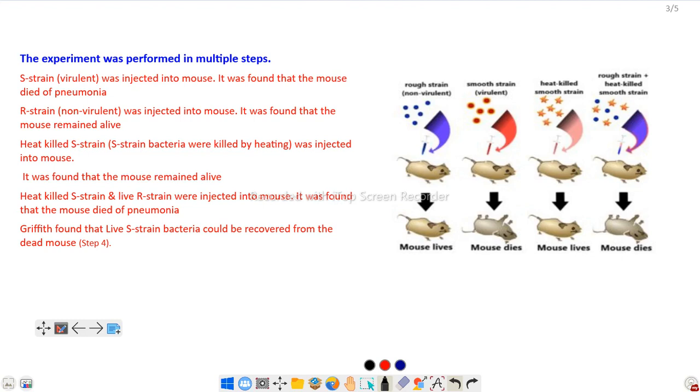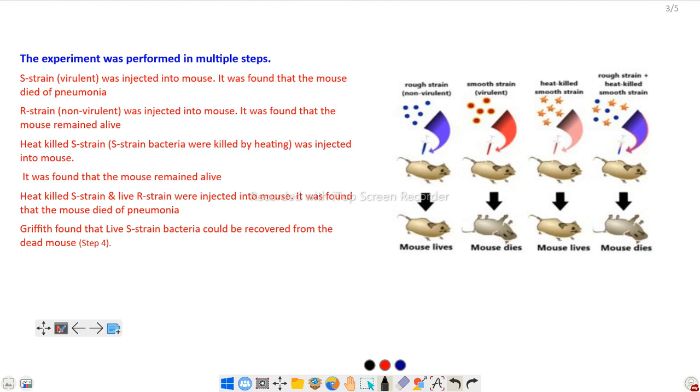So when this virulent strain was injected into a healthy mouse, the mouse died due to pneumonia. In the second step, Griffith injected another healthy mouse with the non-virulent strain, the rough strain, as it is beaten by the immune system. So here the mouse is not affected by pneumonia and it lives.